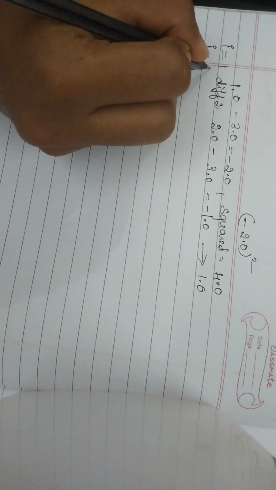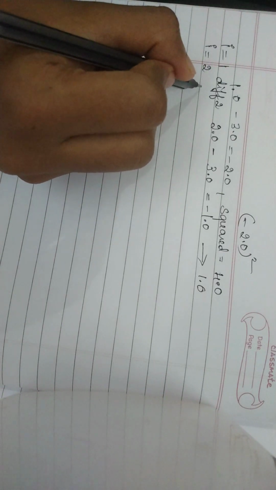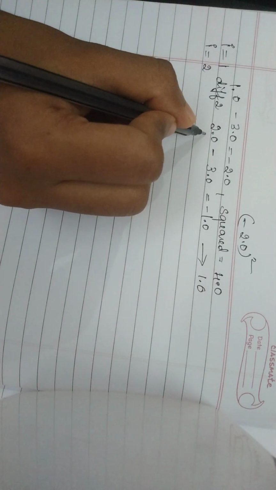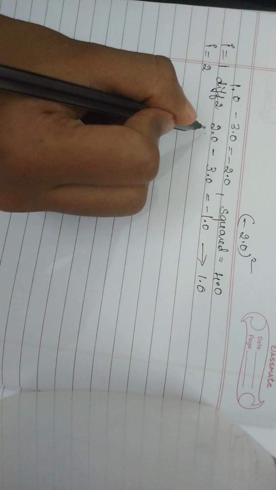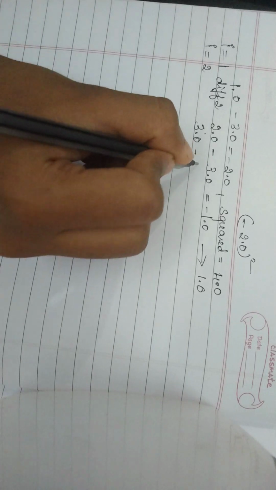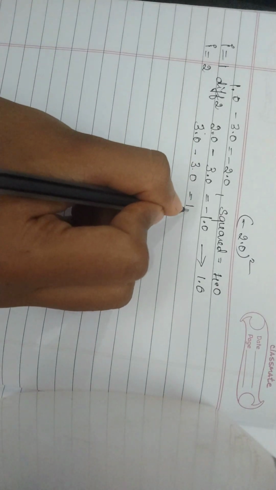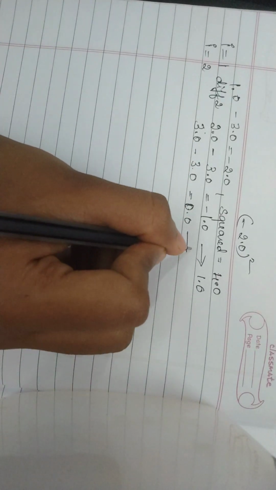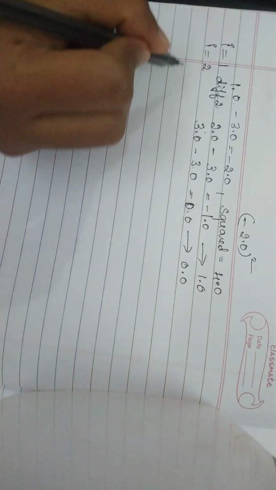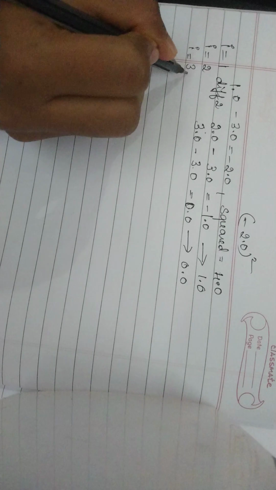The square of minus 1.0 is 1.0. Then I is incremented to 2. The content of 1002 is 3.0 minus 3.0, we get 0.0. So the square of that is 0.0 again. Next I is incremented to 3.